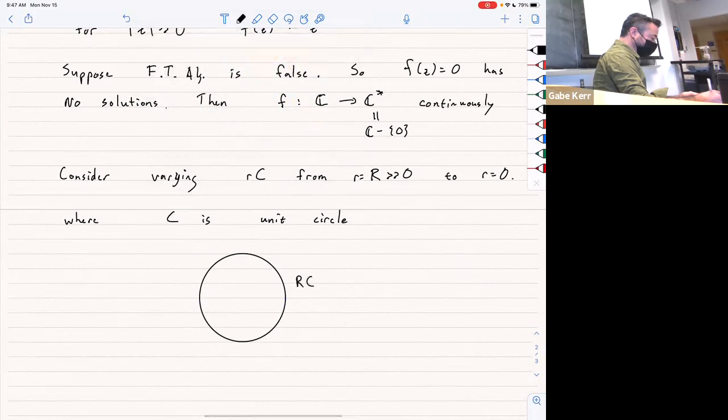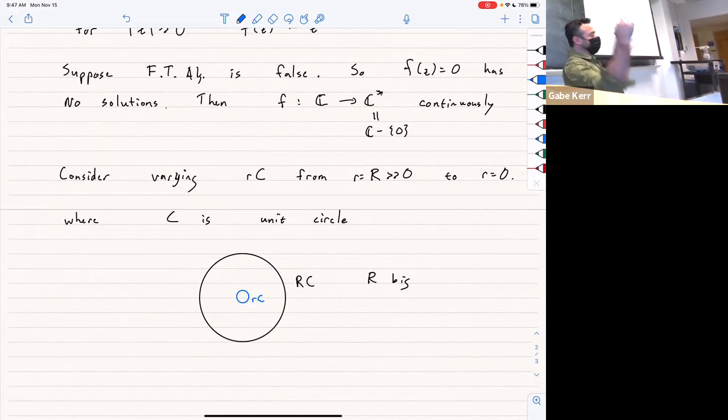Let's say capital R C, this is big. R is big, and then we'll take it all the way down. Imagine lowercase r is varied.